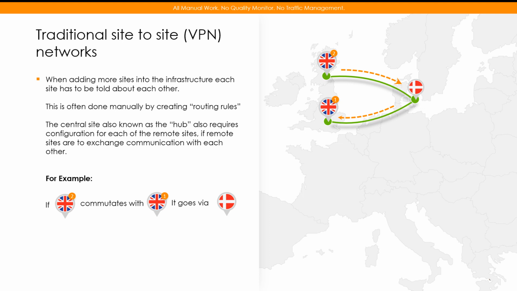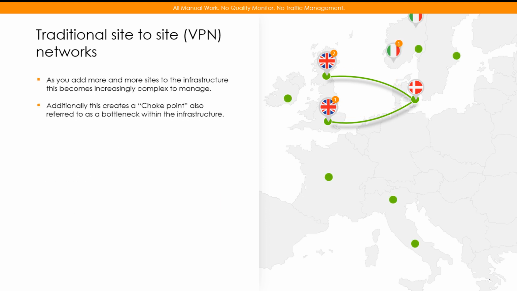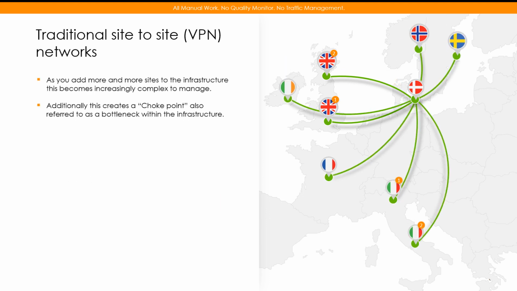And whilst this is acceptable on a small scale, the problem is as the sites scale out, it becomes incredibly difficult, and also additionally creates this choke point in the central network. So at this point we have very complex routing that has to tell every single site where each one is.